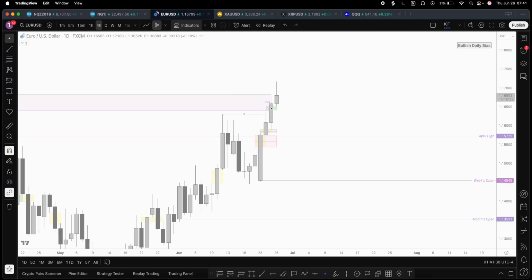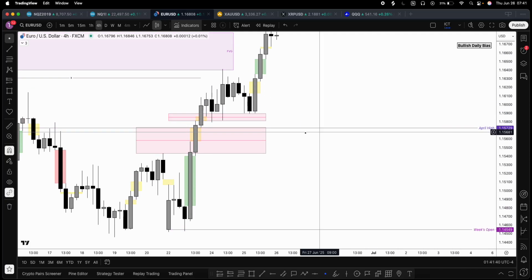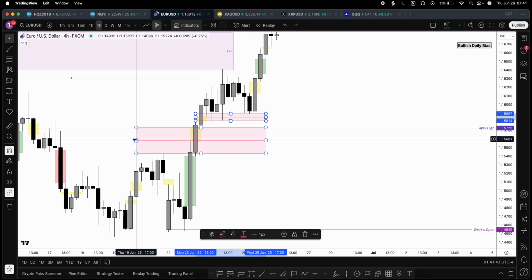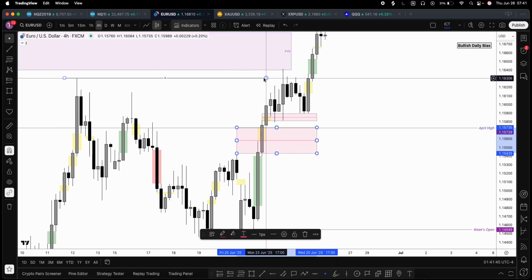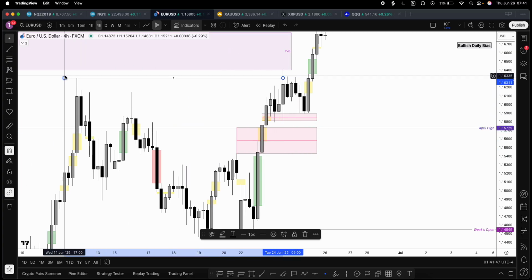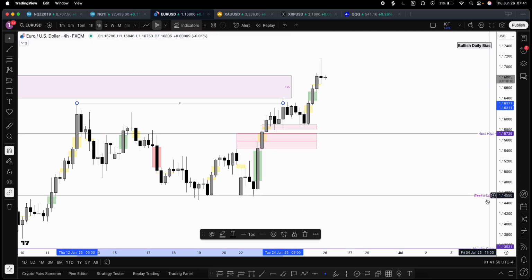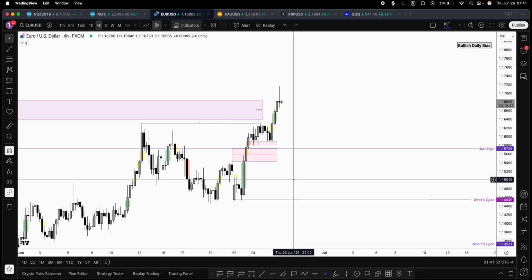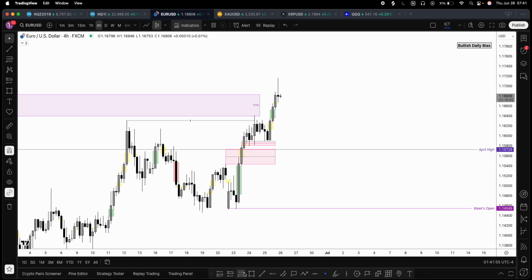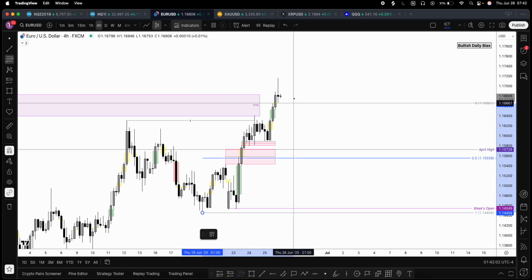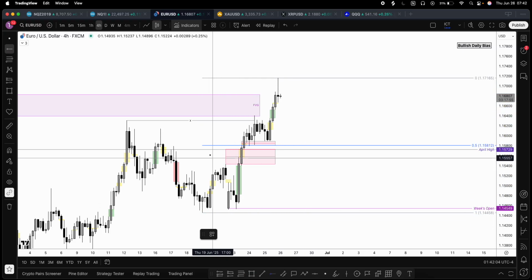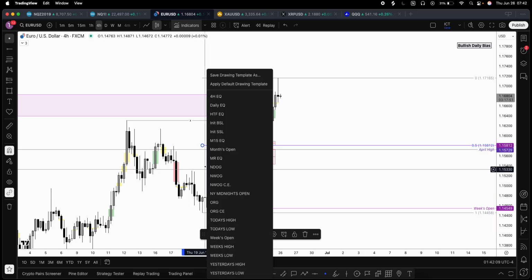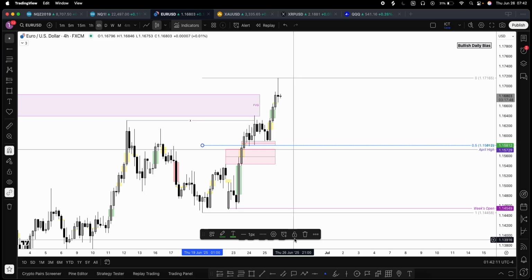The 4 hour. Okay, so 4 hour, we've got a new market structure because price closed above this high over here. So we'll measure out this level from that low to that high, and we'll mark out the 4 hour equilibrium.